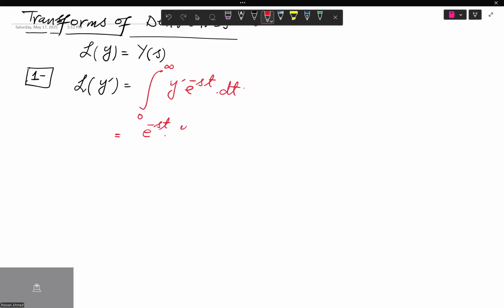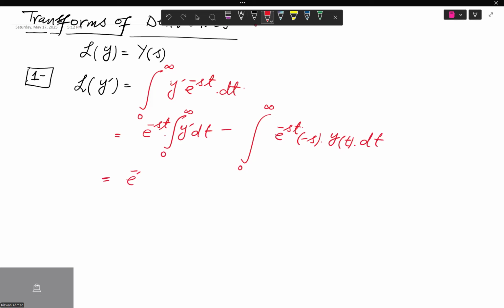So it is y prime dt from 0 to infinity minus the derivative of the first function, and therefore it is e raised to the power minus st times minus s, and the integral of the function. So it will be a function of y of t dt.